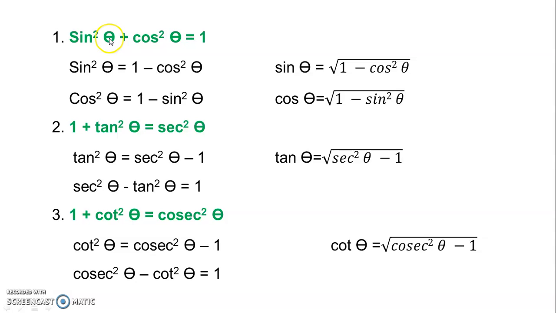So once you know the three trigonometric identities, you can write another 4 plus 3 plus 3, 10 trigonometric identities. So what you have to do is, you have to learn only 3 trigonometric identities to know another 10 trigonometric identities.